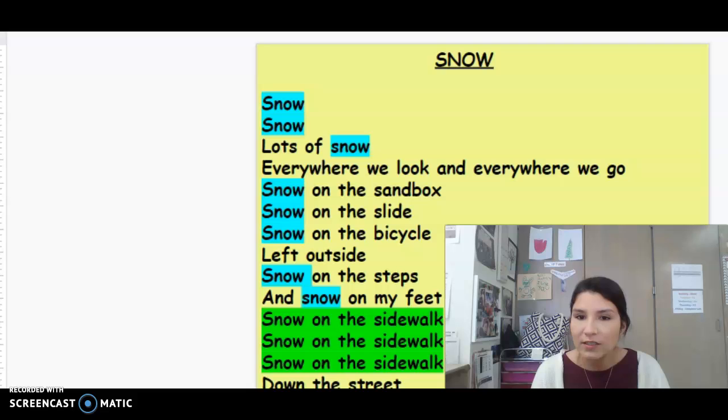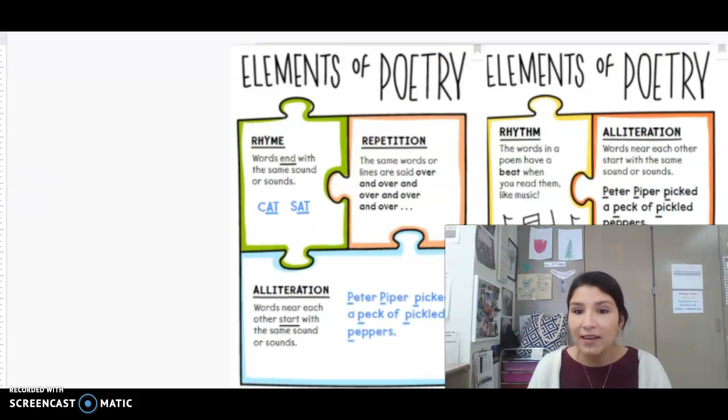What are the words that are being repeated? They're in blue. The word snow. What are the lines being repeated? It needs to be repeated at least twice. So 1, 2. Snow on the sidewalk. All right, so that was just a quick little review over poetry and the elements of poetry.